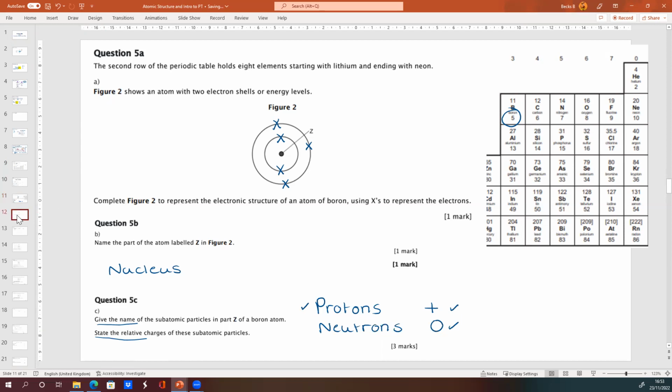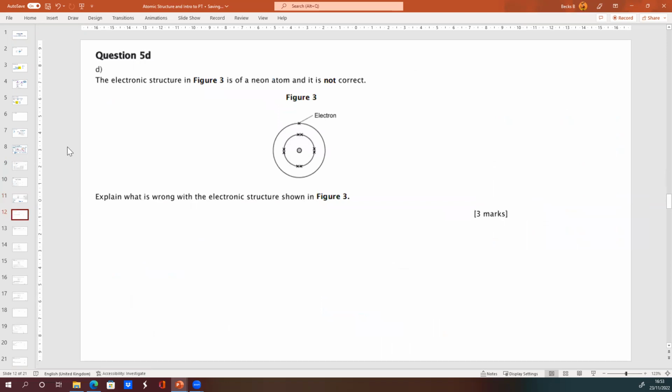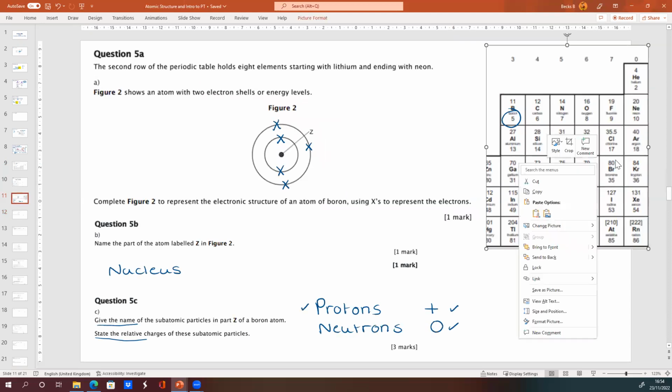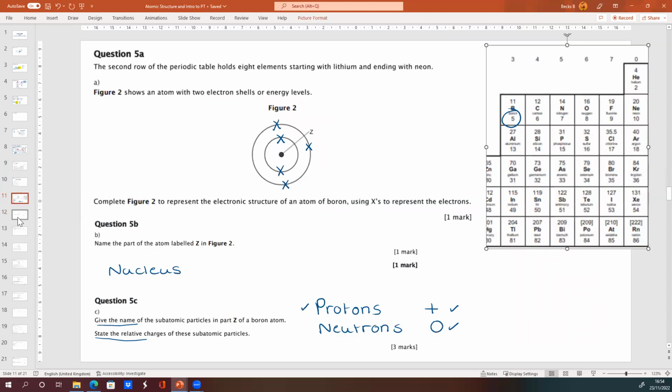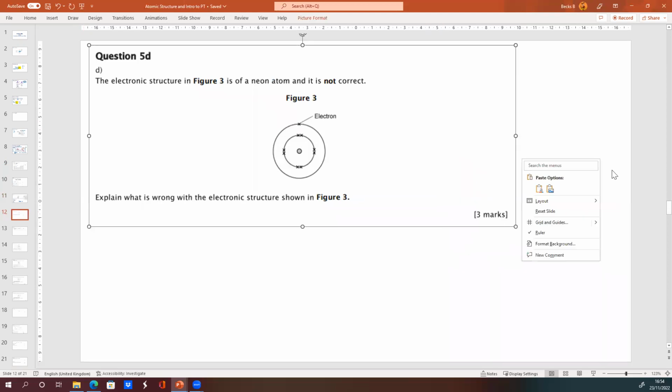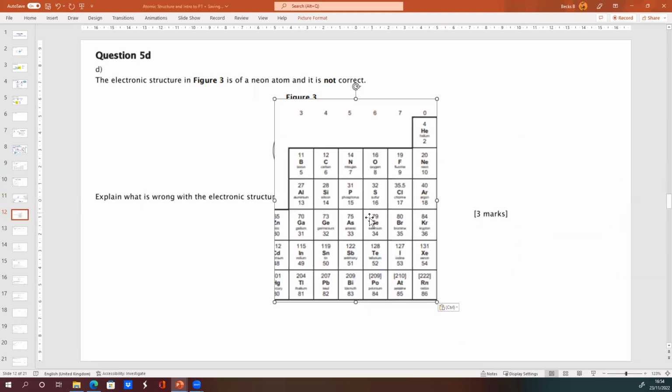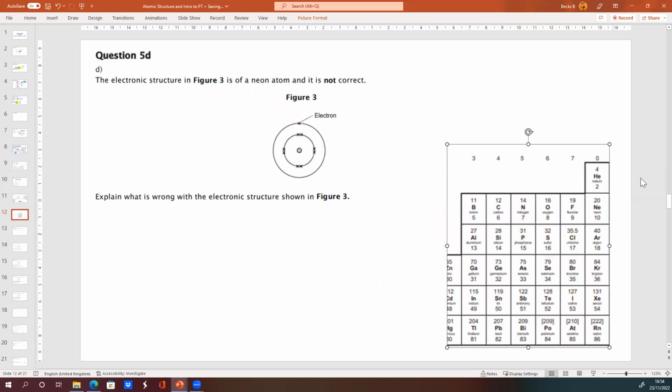Okay, I'm going to keep it swift and keep moving. The electronic structure in figure 3 of neon is not correct. Explain what is wrong with the electronic structure. If I grab you that piece of periodic table again, in case you can't see one, neon is there.